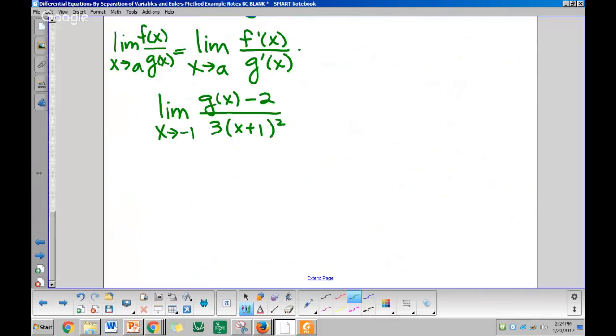Okay, this is 0 over 0, so it's indeterminate. So now I'm going to take the derivative. The limit as x goes to -1. What's the derivative of the top? g prime. Derivative of the bottom? 2 times x plus 1.